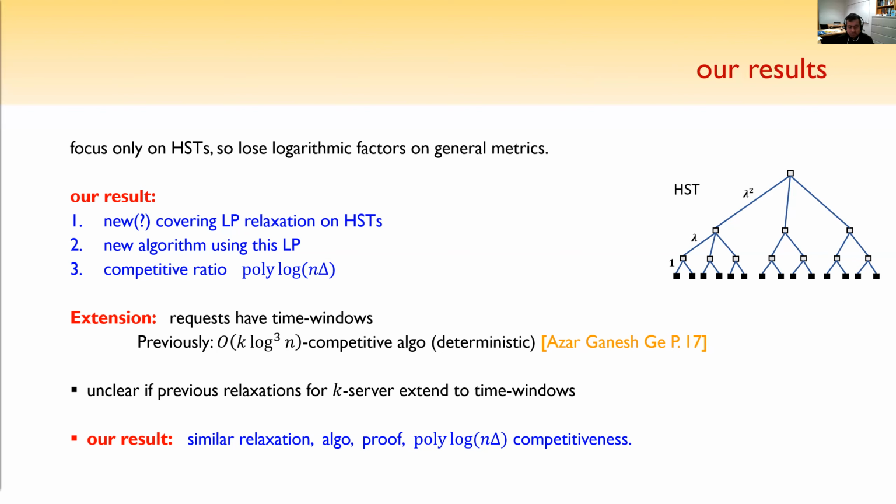For this extension to time windows, our relaxation is quite similar. The algorithm, proof, competitive ratio, all of these are pretty similar to that for K-server. So in this talk, I'm only going to focus on the K-server problem itself, the result for K-server, and I'm not going to explicitly talk about this extension to time windows.